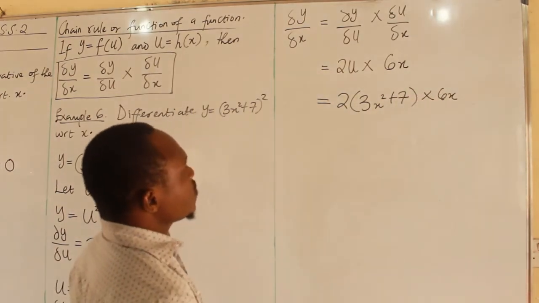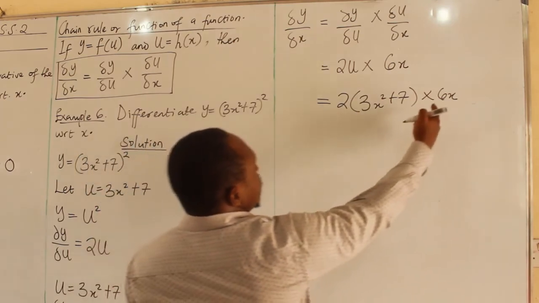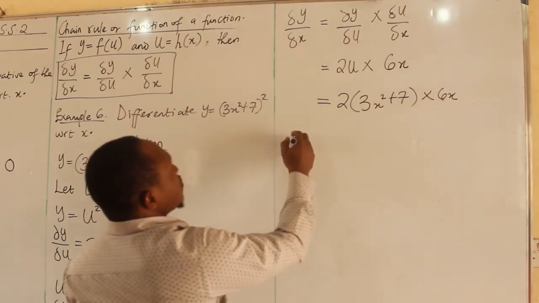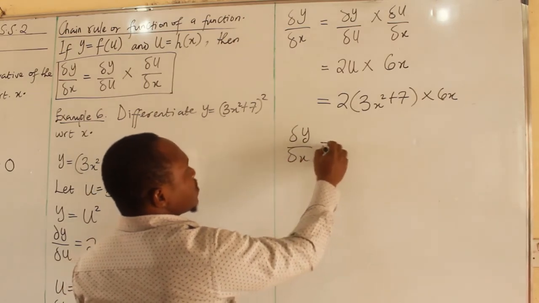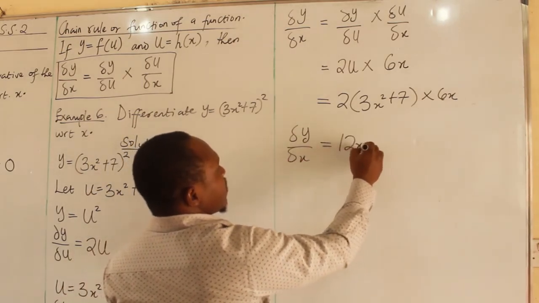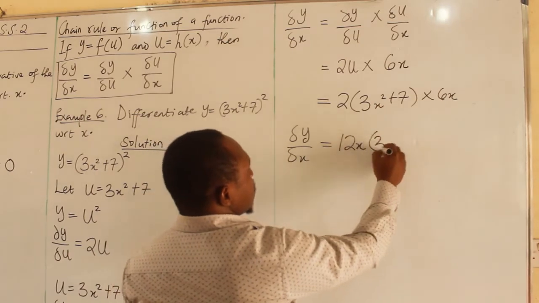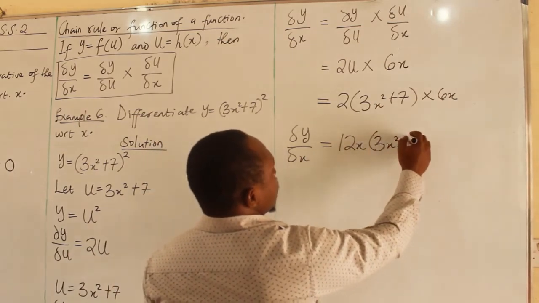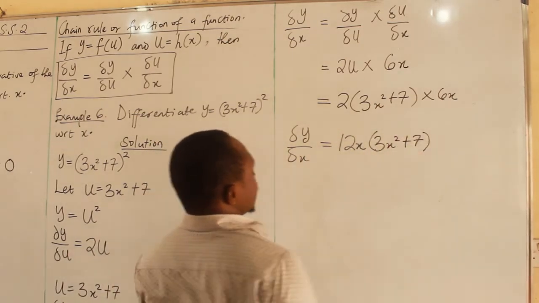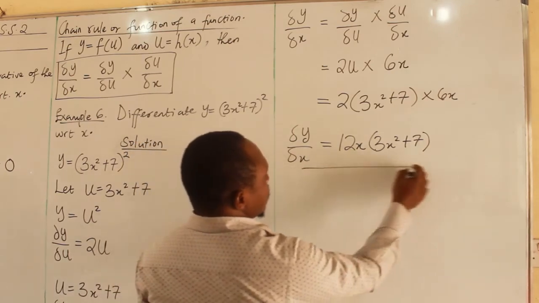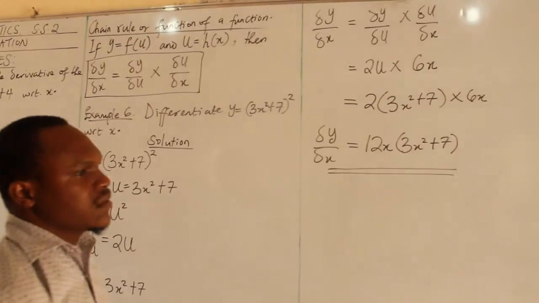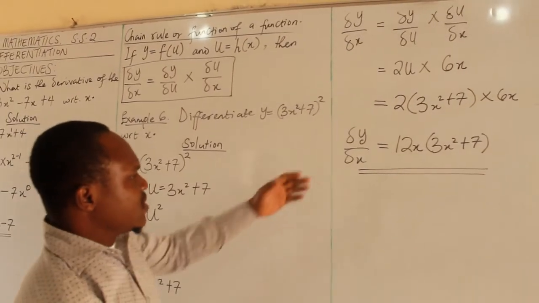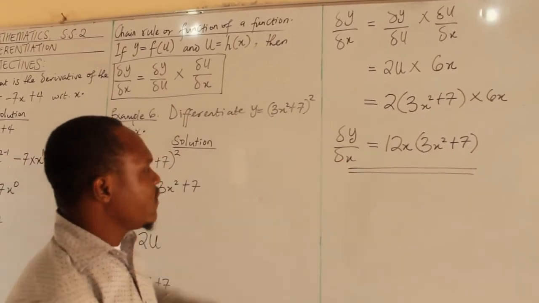So 2 times 6 times x, we have dy over dx will give us 12x into (3x squared plus 7). This is the value of dy over dx. This represents the function of a function.